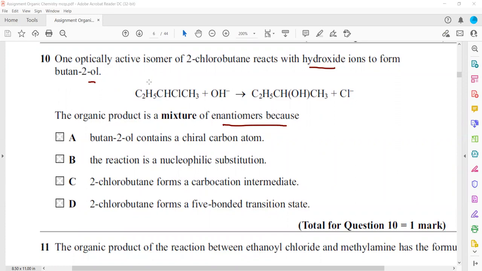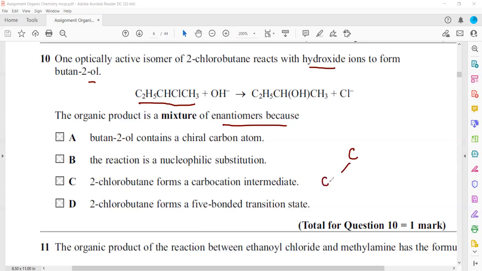So what is the reason for that? Enantiomers are always formed when we have a chiral carbon, and basically how does this reaction proceed, what is the mechanism of this reaction? Basically, this is a tertiary halogenoalkane.